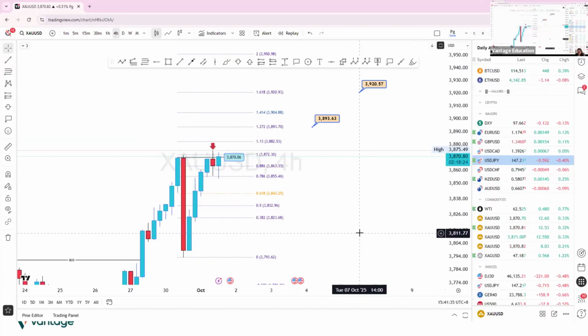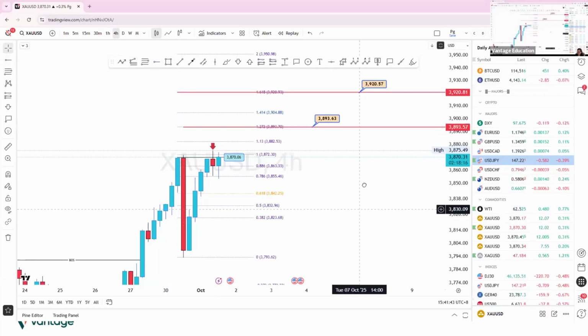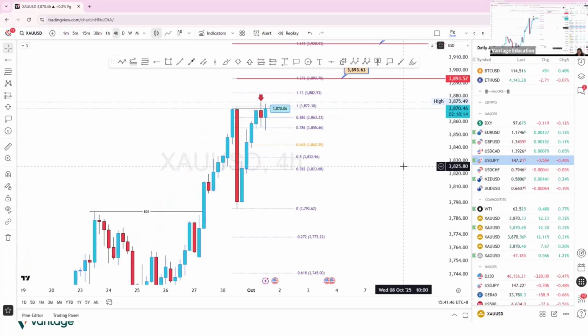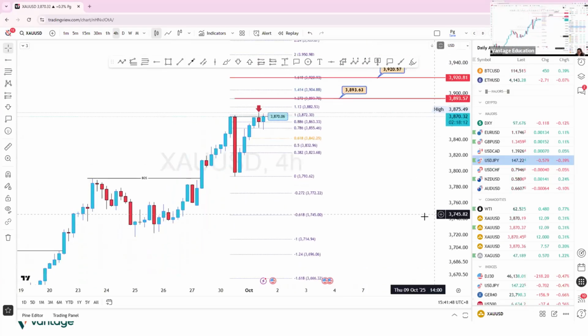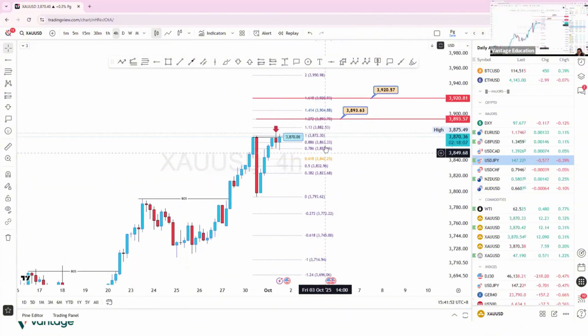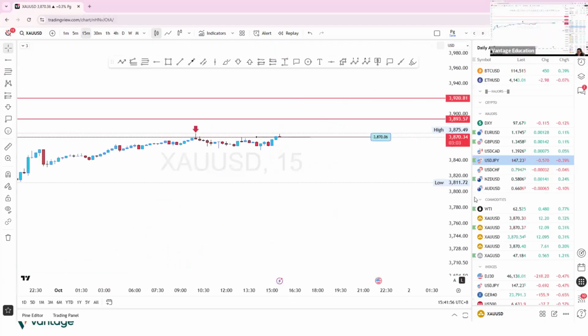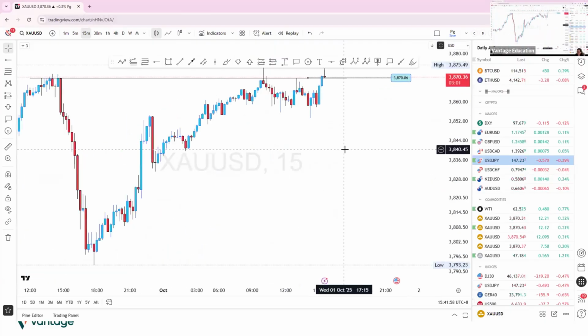That's going to be the next resistance level. If price closes above, that's going to be the next resistance level that I would say.